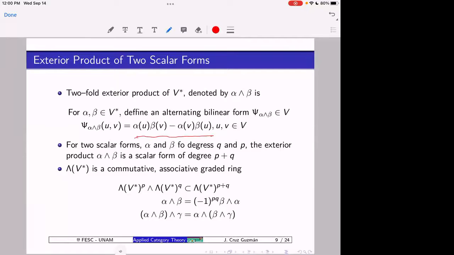Here we started defining those in the dual space. And the definition of duality is implicit here, but maybe it's more explicit later.